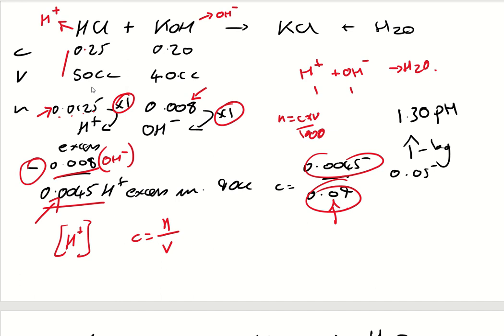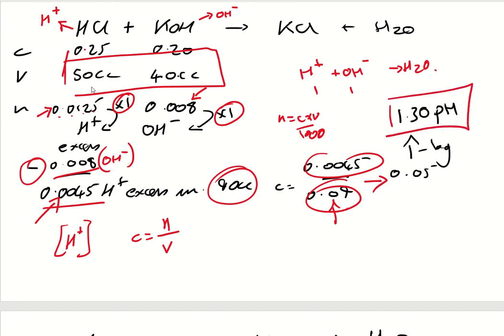Remember, these moles of H+ ions are now in a combined mixture of 90 cubic centimeters, or 0.09 of a decimeter cubed. So that's where the 0.09, or the 90 cc's, came from. This gives me the concentration of H+ ions. I minus log that, and this time I don't have a pH of 7 anymore. I'm not doing those simple little ones anymore, and I have a pH of 1.3, and that's what I'd expect.